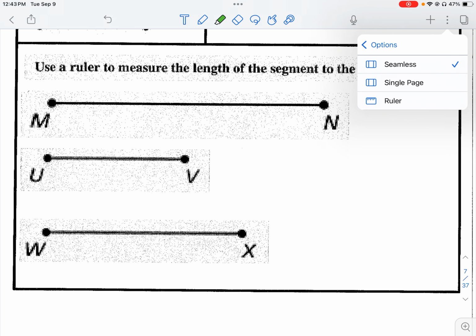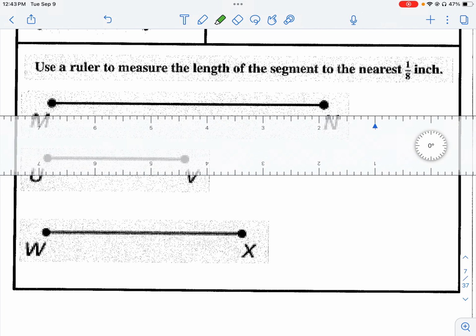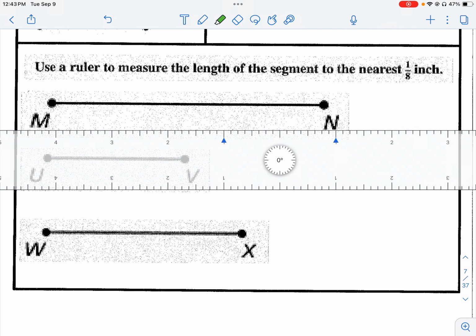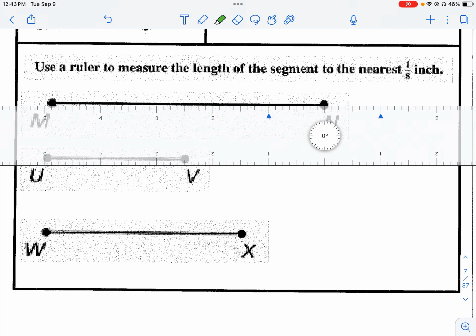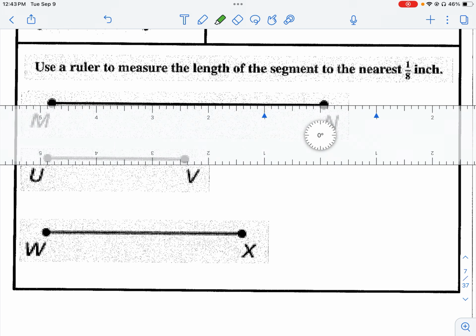So let's use a ruler and measure these guys out. Where are we at? All right. There's our 0. And we're going to measure to the nearest 1/8 of an inch. So we got 1, 2, 3, 4, 5, 6, 7, 8. So our ruler's already an 1/8 of an inch.